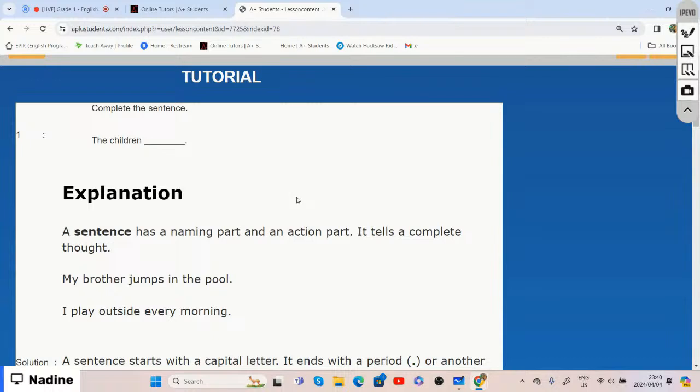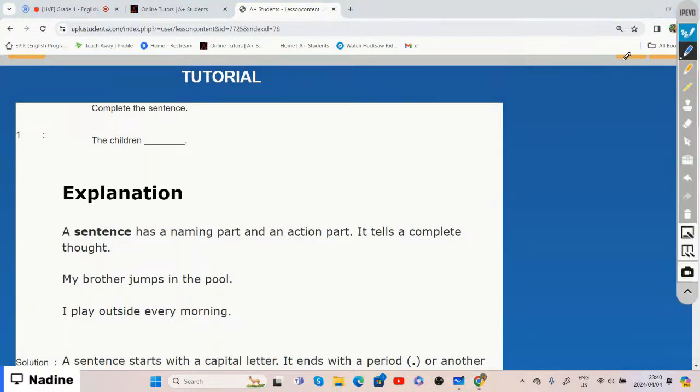All right. So we're now going to complete the sentences. It says the children. If we were to add a few words to make it complete, then we can maybe say the children ate.